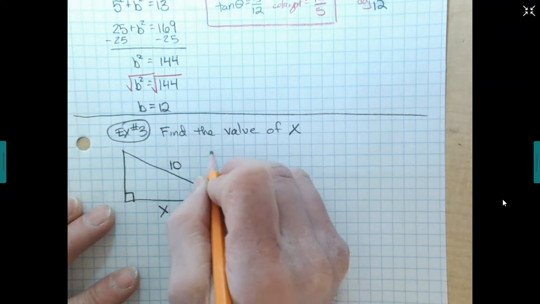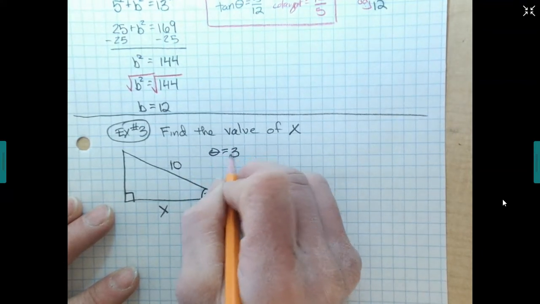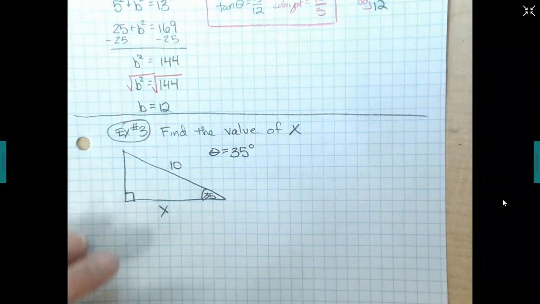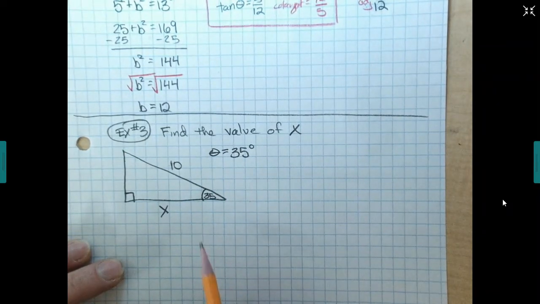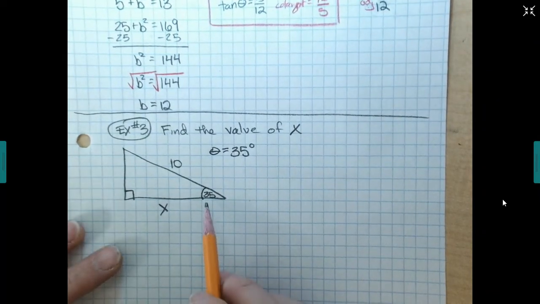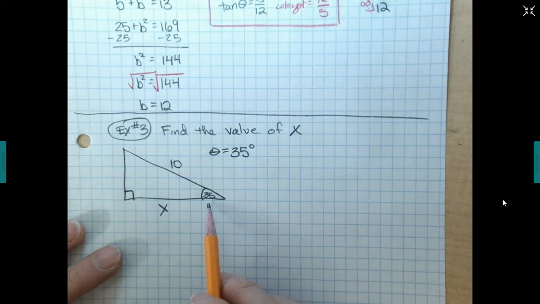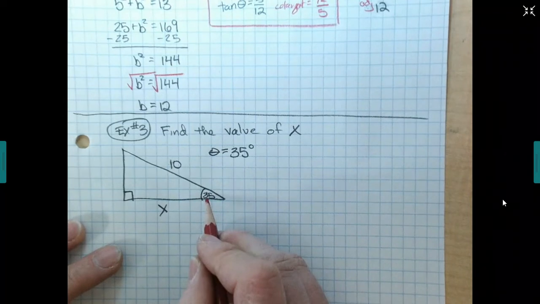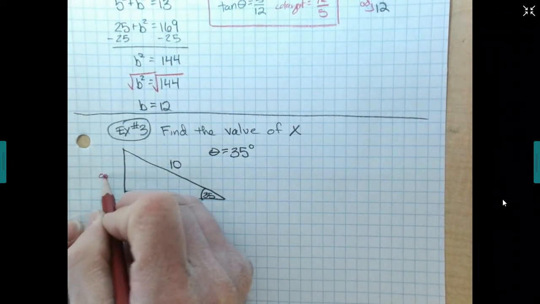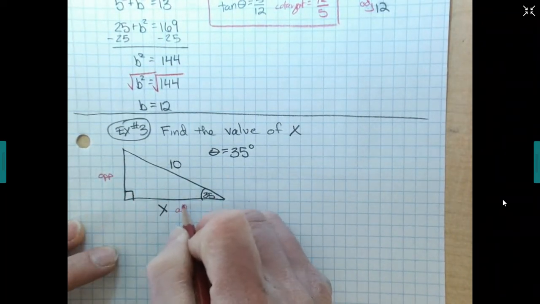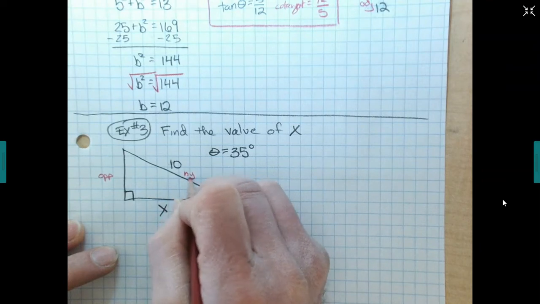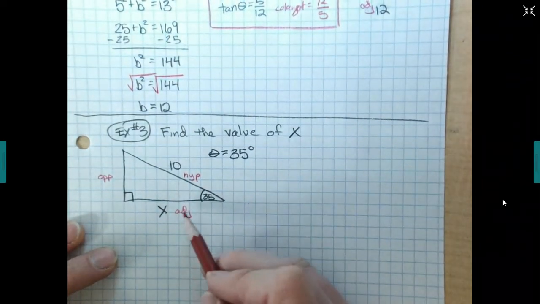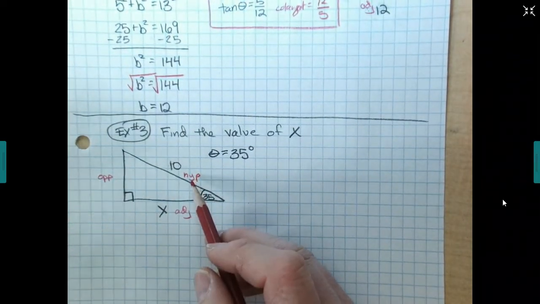So theta equals 35 degrees. So that's a 35 right there. From this angle, from theta, we have opposite, adjacent, and hypotenuse. So it looks like we have adjacent and hypotenuse.